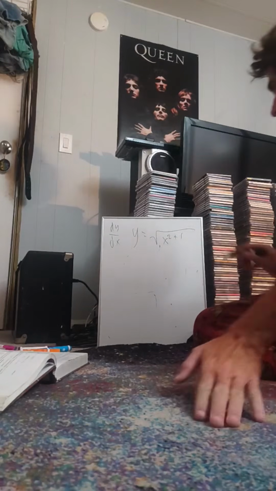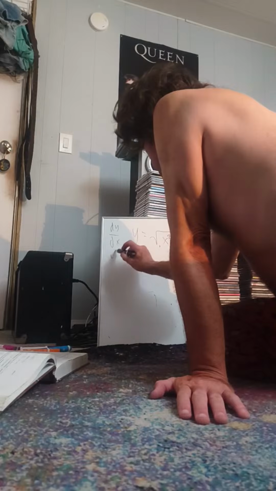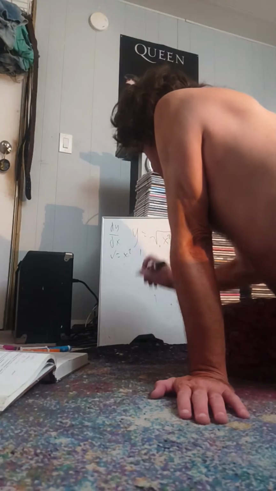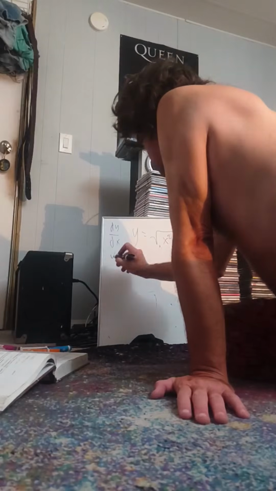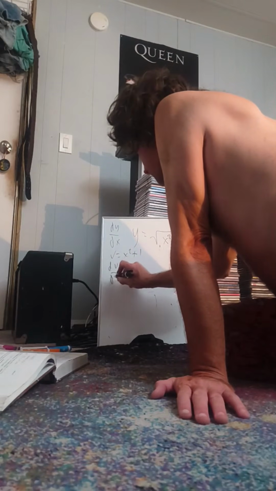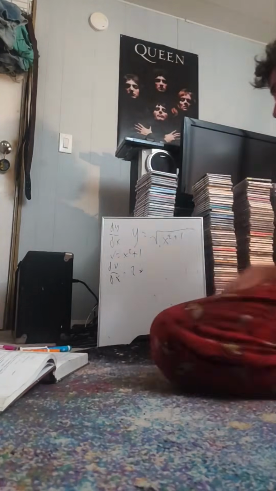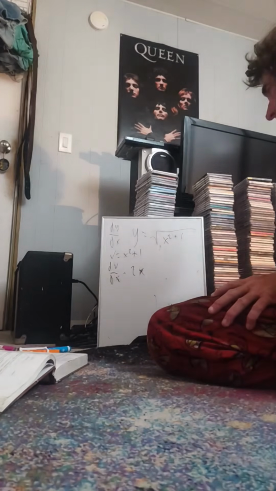So let's try again. I have u equals x squared plus 1. Let's start with there. du/dx equals 2x. But y equals square root of u equals u to the 1/2 power.